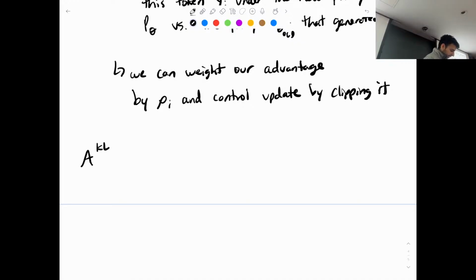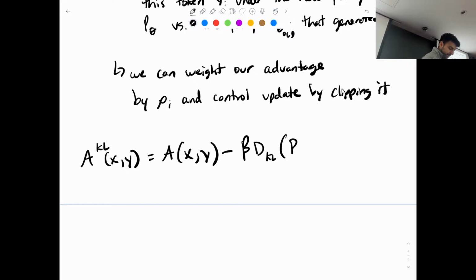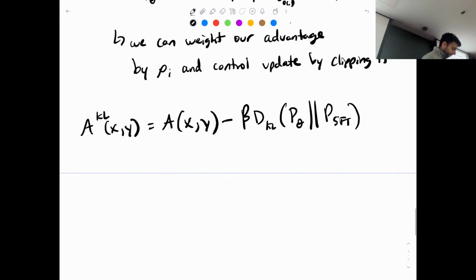So we'll call this A_KL, which equals our normal advantage, the reward minus the baseline, and we'll subtract this KL penalty. I don't want to write this out over and over again.